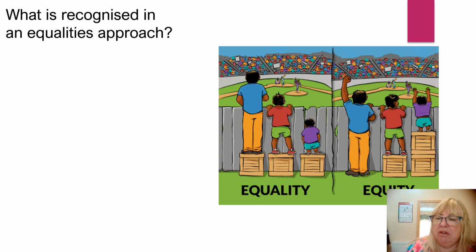If you look at the picture on the other side, it's about equity. Here, those who need it have been given that little bit of extra help to make sure they get the same opportunity as the others. So the tall man on the box doesn't actually need a box, so he's given the box to the little boy on the end, who can now see.